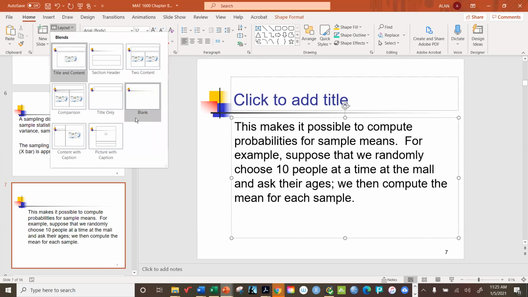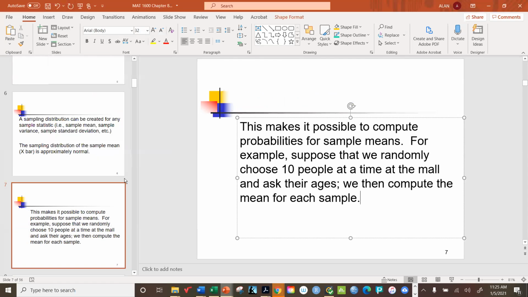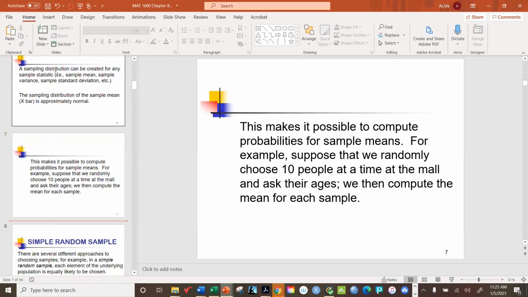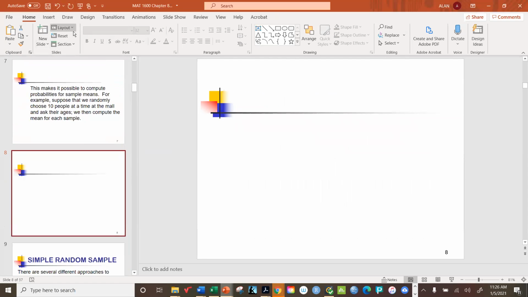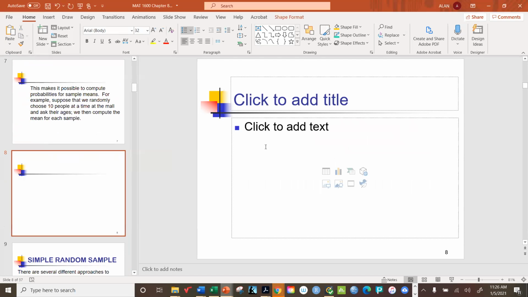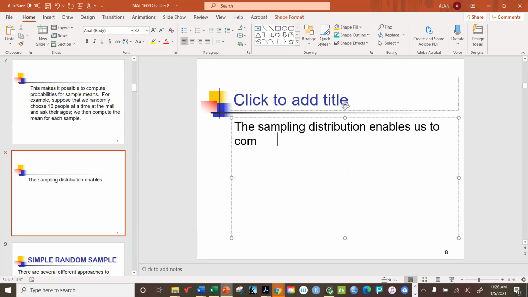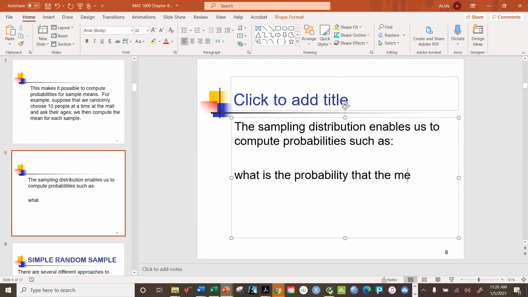So what we can do now is say, all right, the sampling distribution enables us to compute probabilities such as, what is the probability that the means of these samples are, let's say, 30.